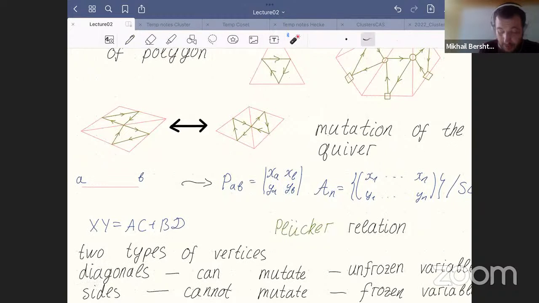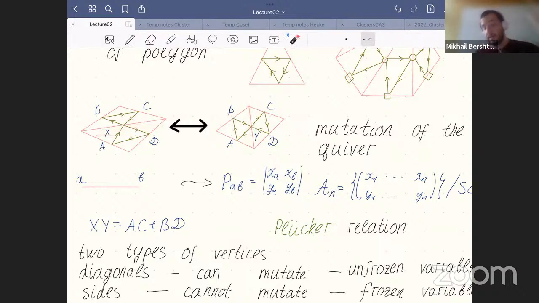Now let me state this in terms of the variables. What do we have? We have the Plucker relation, which says that if the values of the sides are a, b, c, d, and the diagonal is x, and here again a, b, c, d, and now the diagonal is y, then x times y is equal to ac plus bd.